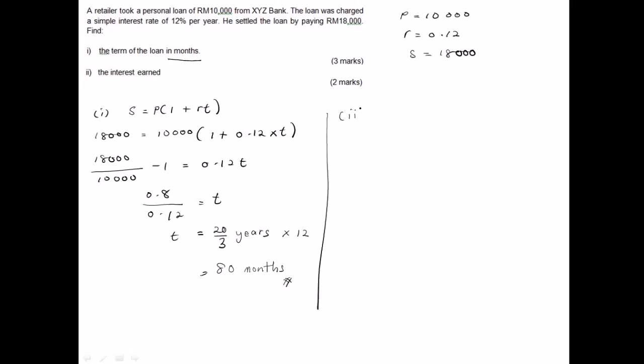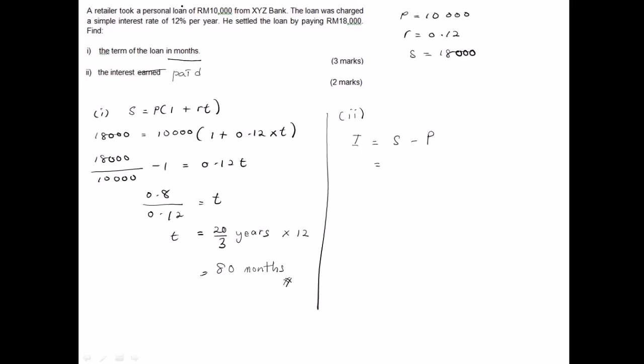Second question, the interest earned. So to find interest, I equal S minus P. Actually, I think not interest earned but interest paid, because this is a loan.